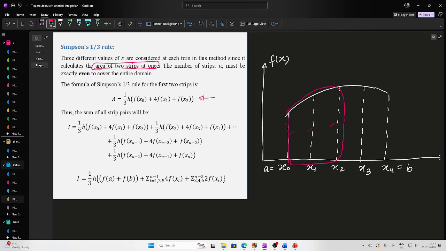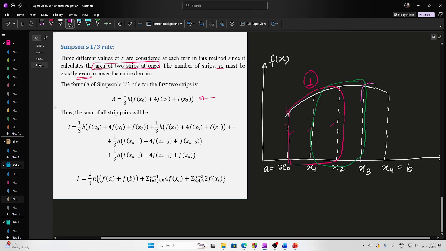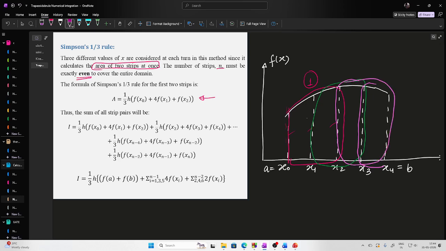Now one more thing, very important. This n, it should be even. Why? Because first we will be taking this strip, these two, then we will be taking these two, and then we will be taking these strips. So if we don't have even number of trapezoids, then what will happen? Let's say only 1, 2, 3 trapezoids are there.